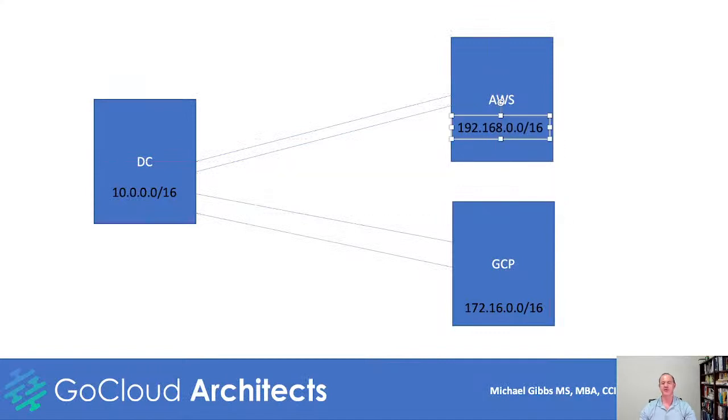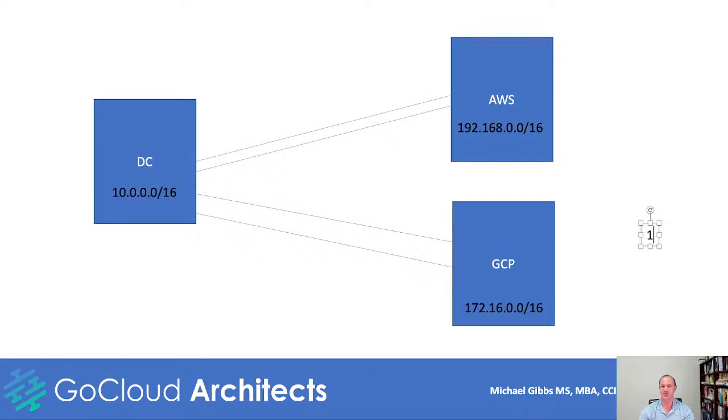And we just moved our numbers around for argument's sake. If you're at the data center, now I know to reach AWS, I need a route to 192.168.0.0/16. And I know to reach the GCP at 172.16.0.0/16.